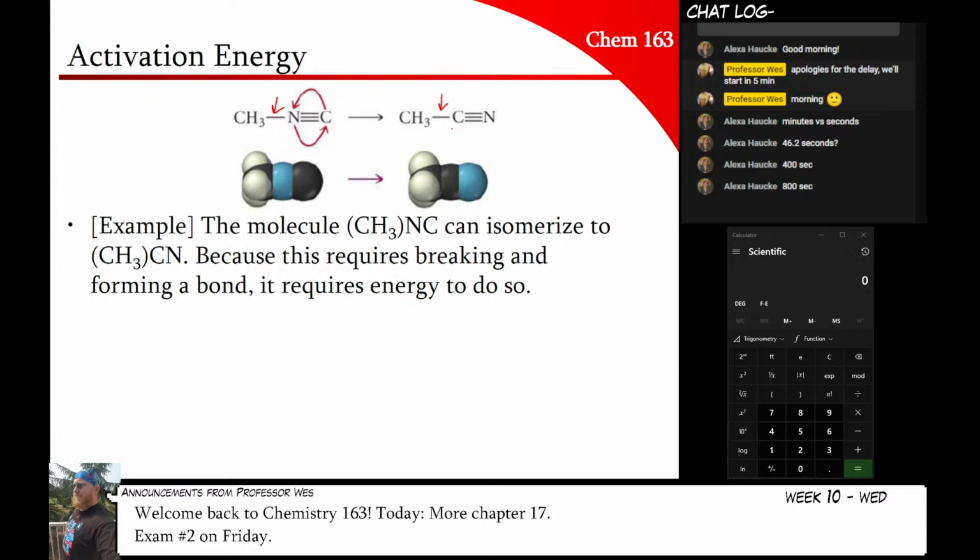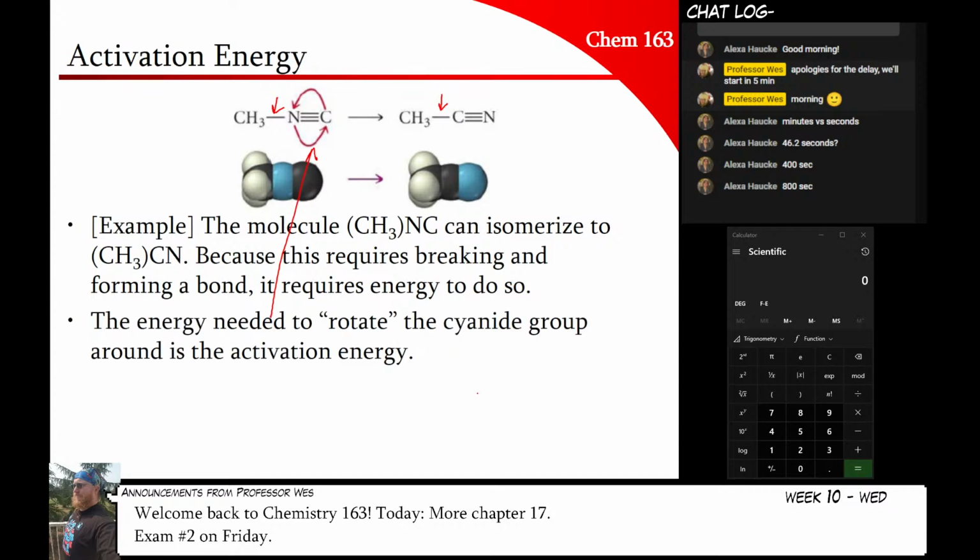And so what this molecule will do is, if something were to impact it, like say another molecule, or it hit the side of the container, on this sort of trajectory, then the CN part can spin like a top. And if there's enough energy to do that, it'll just go whoop and flip 180 degrees so that we now have the carbon in the middle and the nitrogen on the outside. The energy required to do this is the activation energy.